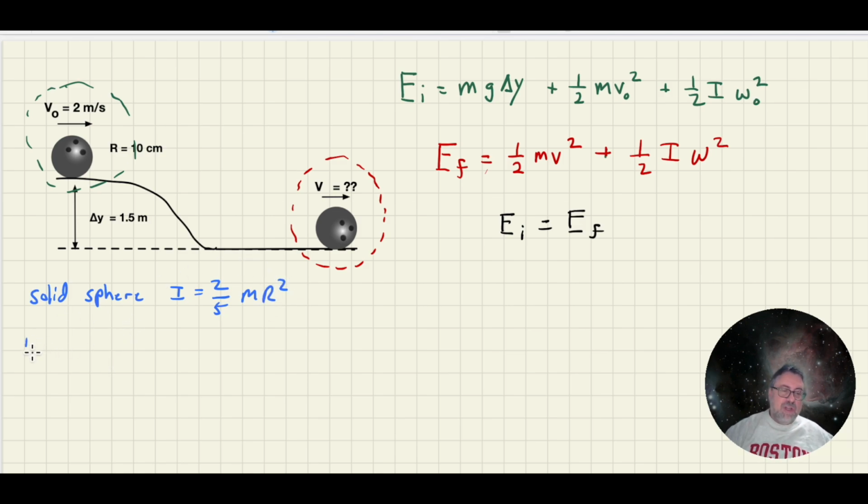Now, if there is no slipping, then I can use my angular relationship that velocity equals r omega. That means that the initial velocity is going to be equal to r times the initial omega. So with that, I have a lot of substitutions I can do.